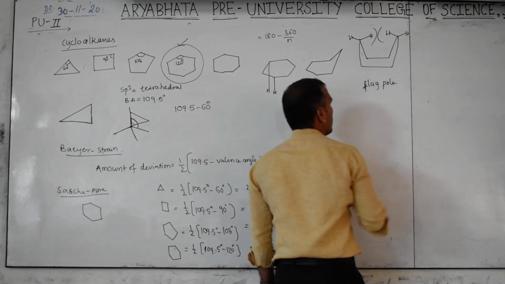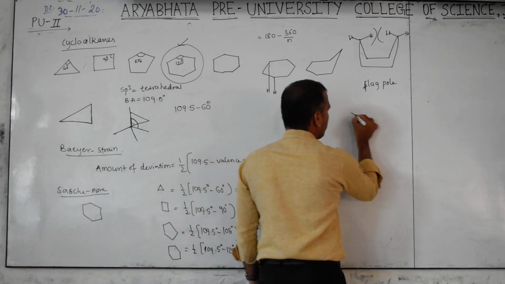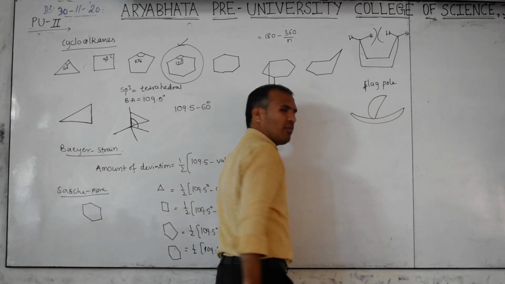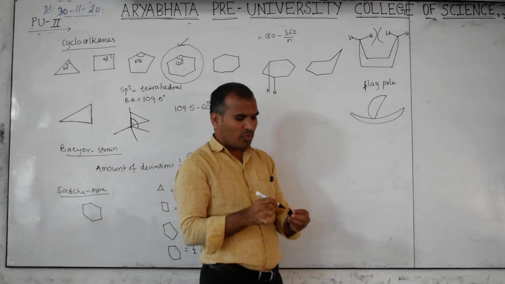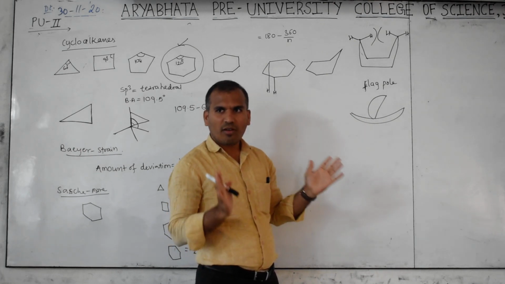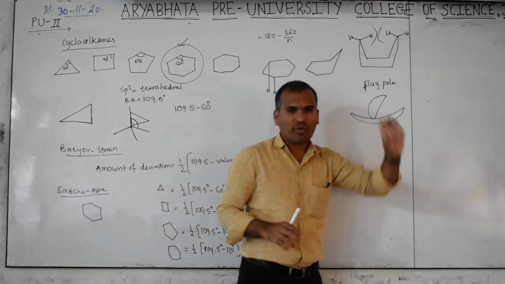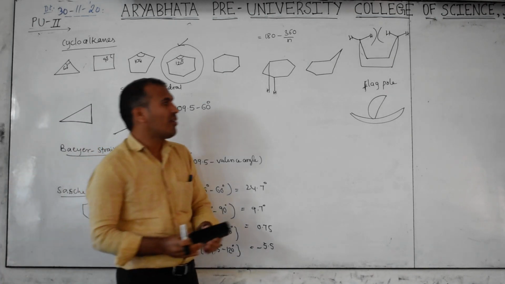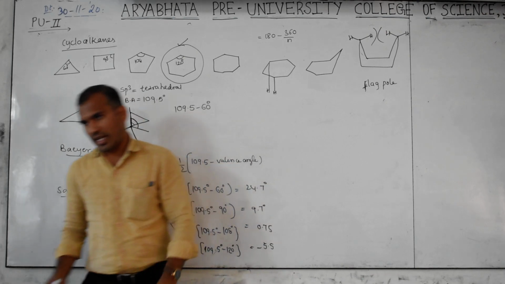Flagpole repulsion. You may have observed the boat, like this a flag will be there. For clear movement, one flag will be there in the boat. That is called flagpole repulsion. These two hydrogens have which type of repulsion? Flagpole repulsion. Therefore, the boat form is also unstable.